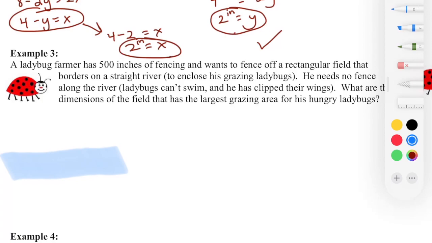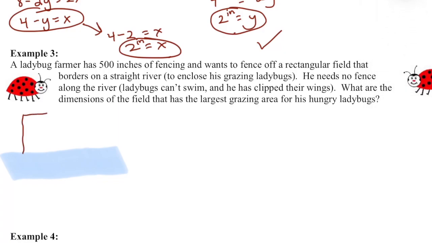And then my fence. And I don't need to draw the fence along the river because the river's kind of acting like the other side of the fence. Okay, so it says he needs no fence along the river. Be careful for those details. You don't want to draw the fourth side when you don't actually need it. I was also given, well, I'll label these. So y, y, and x.